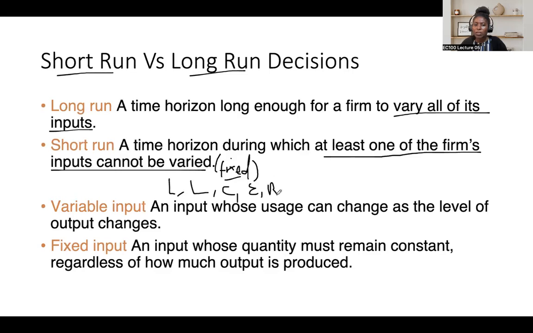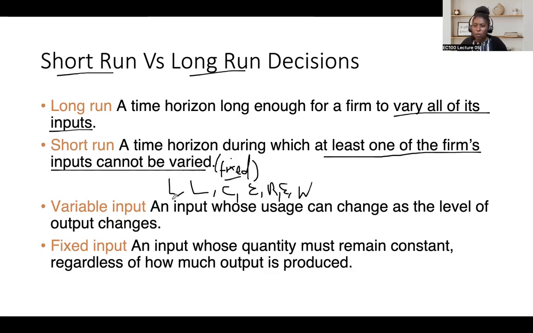Raw materials, electricity, maybe water, water bills, whatever. So a variable input is an input whose usage can change as the level of output changes. So whether in the long run or short run, here we're talking about short run, okay? In the long run, you can change all inputs.